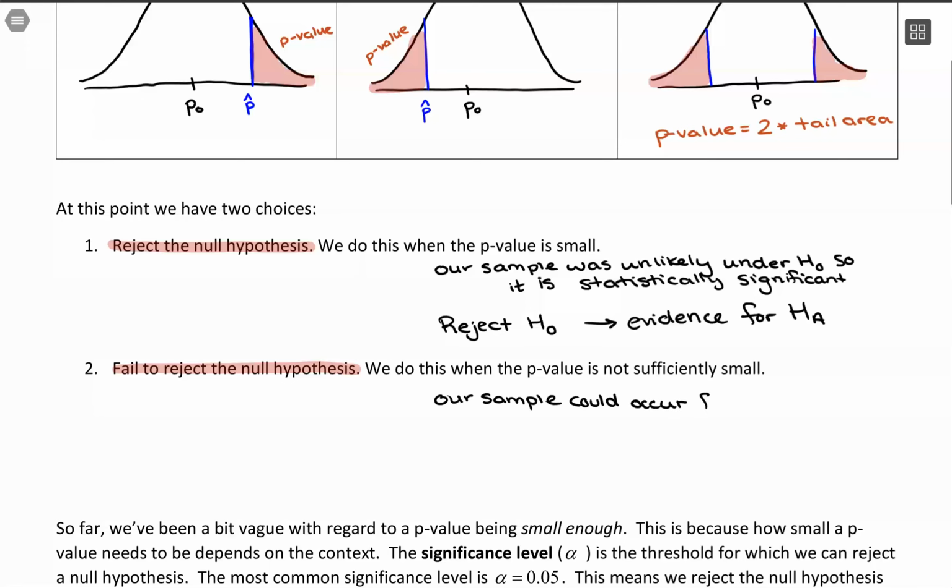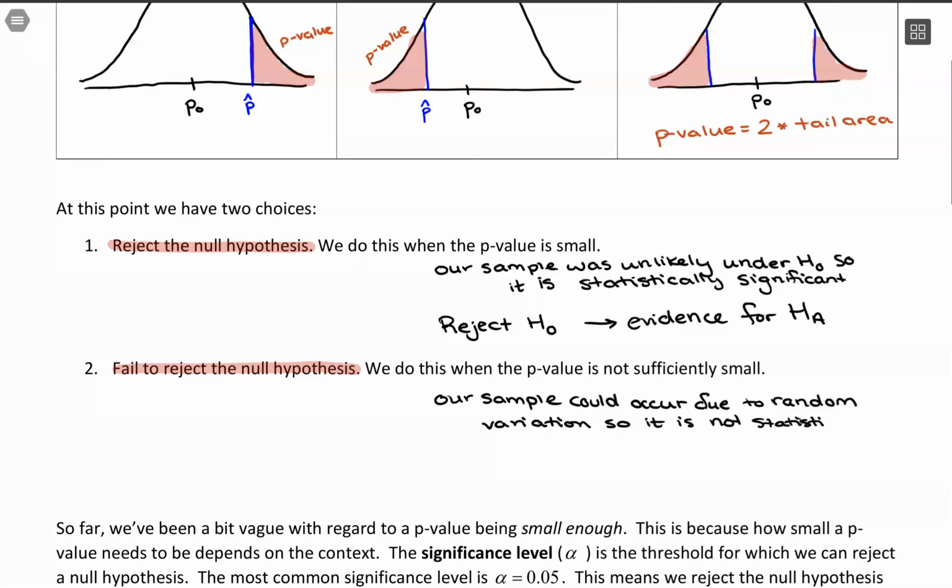So it could occur due to random variation. So it is not statistically significant. Basically, nothing significant occurred. You saw a random sample, and it fairly lined up with our null hypothesis under that assumption.